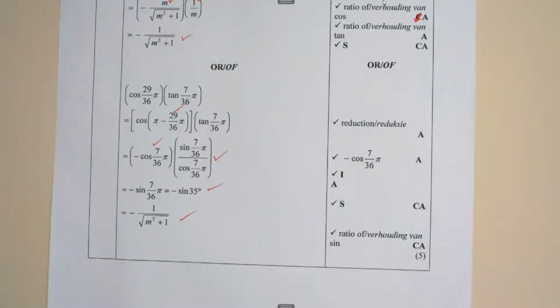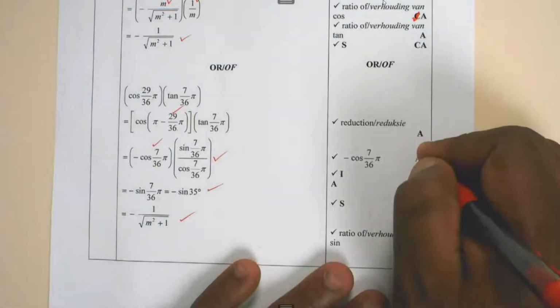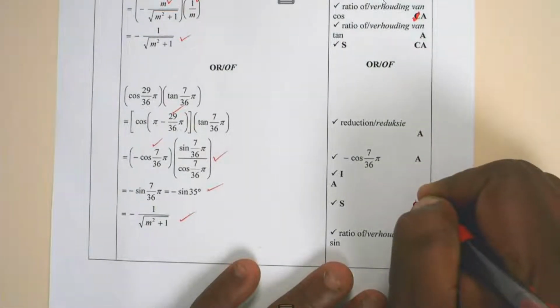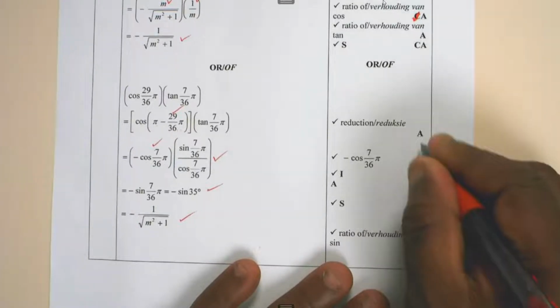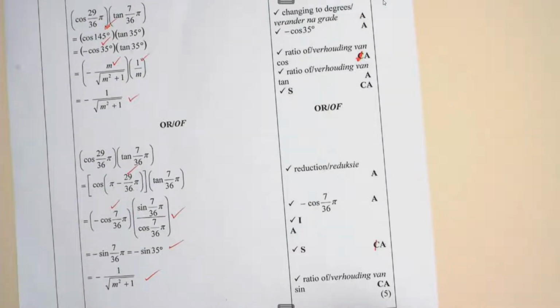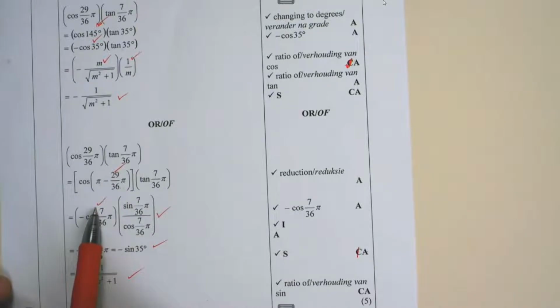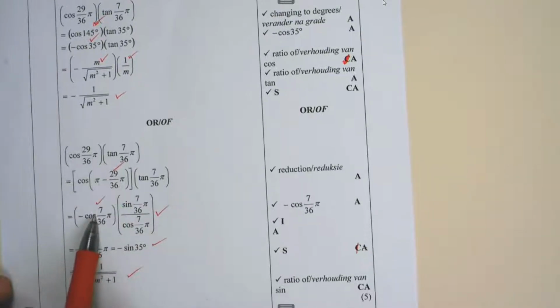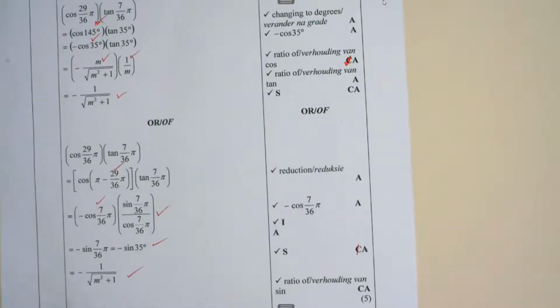And again here, colleagues, please take note. It is an accuracy. And the ratio of sign, 1, 2, 3, 4. 1 mark is missing. Let's check the reduction. We said reduction, simplifying the reduction, identity, simplification, and the trig ratio.